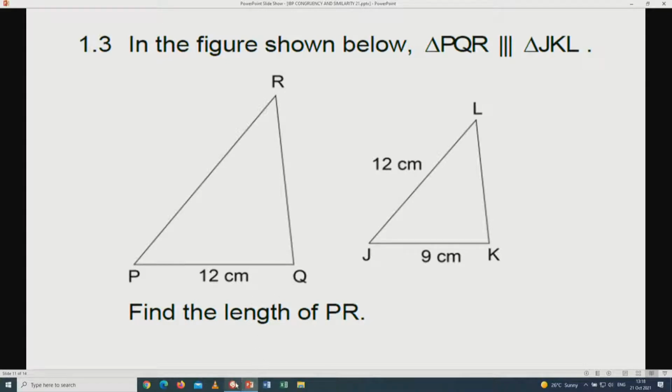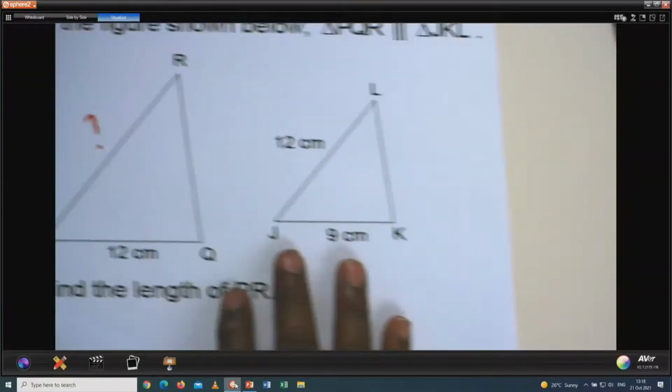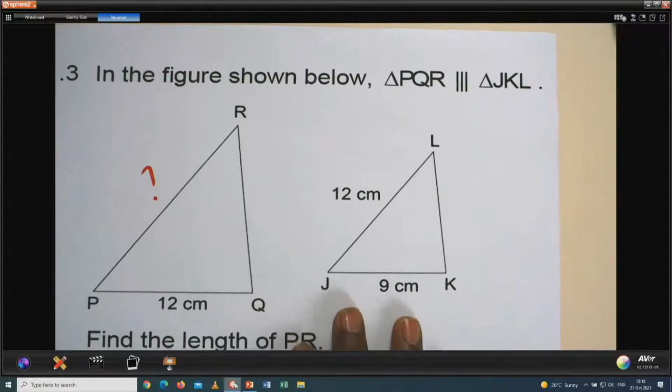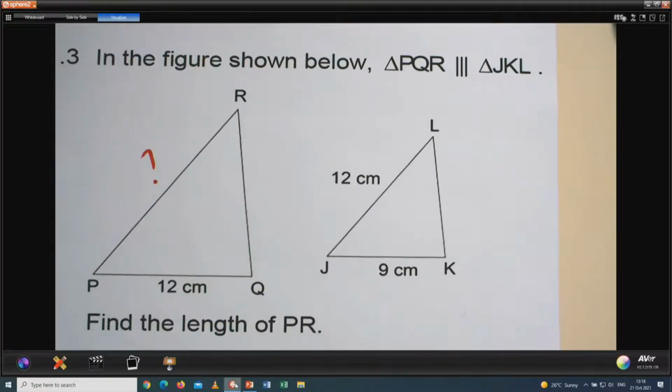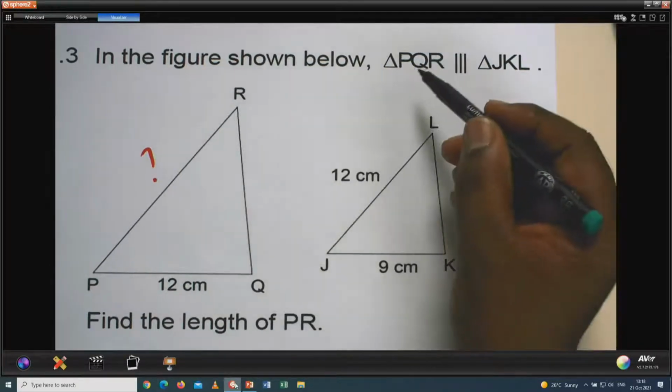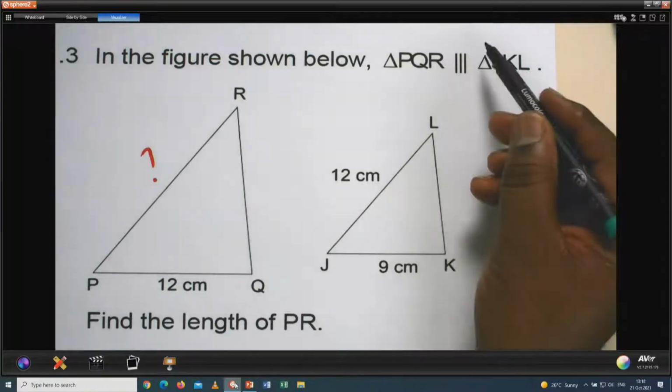They are telling you they are similar. Now remember the proportionality that I spoke about. That is why this order is important.